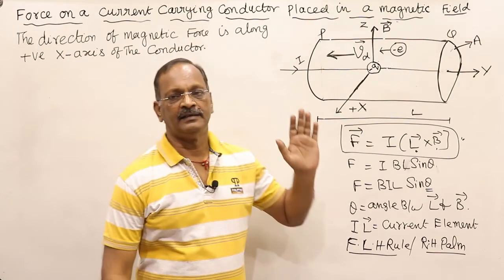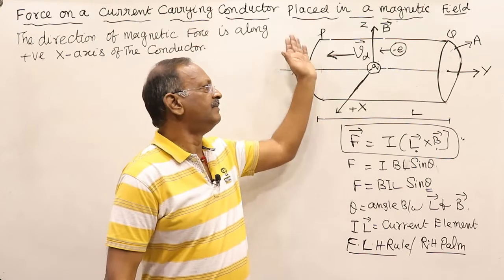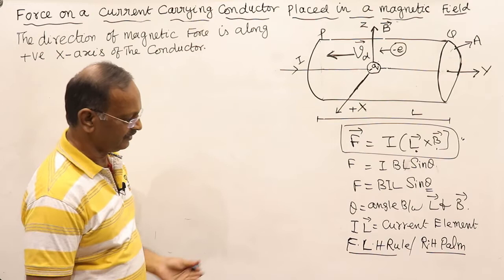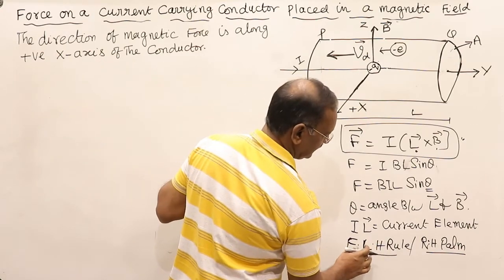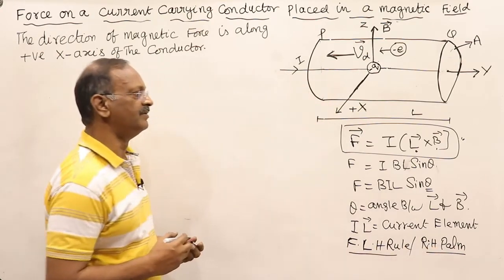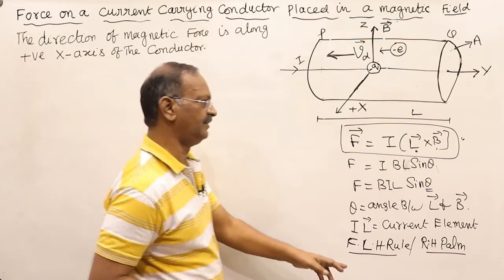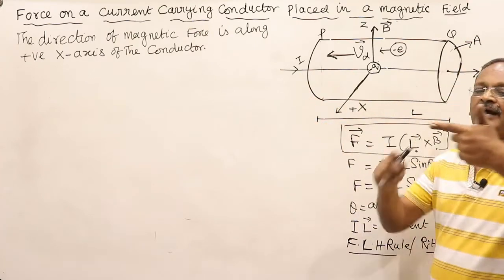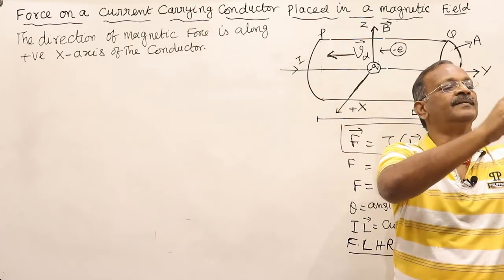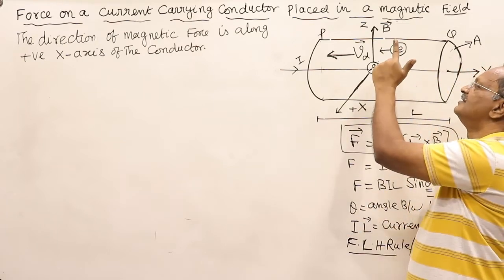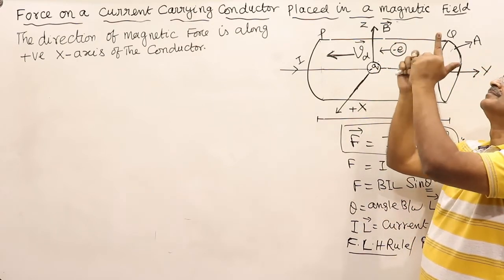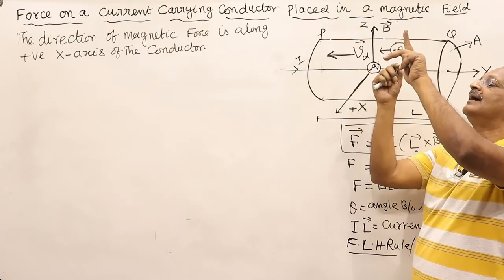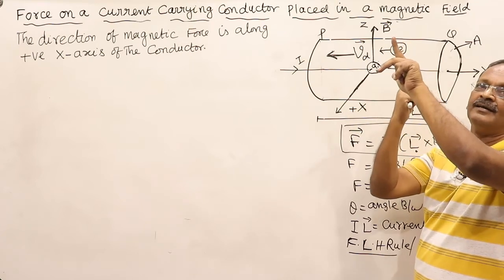Now let us find out the direction of force given by the magnetic field on this conductor. This can be found out using Fleming's left hand rule or the right hand palm rule. What is Fleming's left hand rule? First we will use Fleming's left hand rule. It indicates that this finger is B, B is in this direction. This finger is along the direction of velocity, and the extended thumb is in the direction of magnetic force.